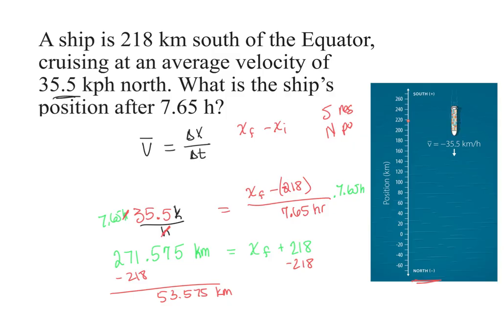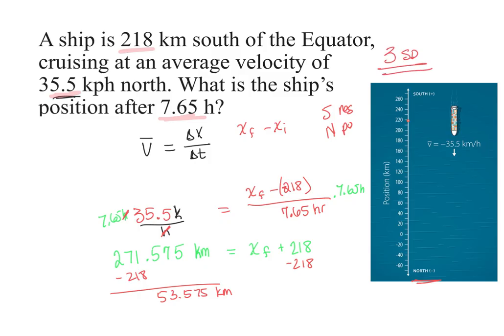But the other thing we have to look at is our significant digits. And so we're going to go up here and we're going to look at what was given to us. We have 218 kilometers, we have 35.5 kilometers per hour, and 7.65 hours. All of those are three significant digits.